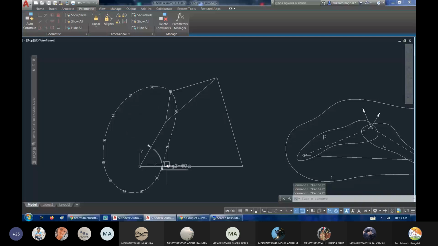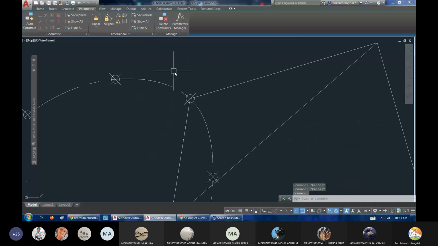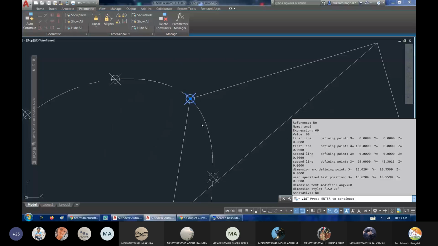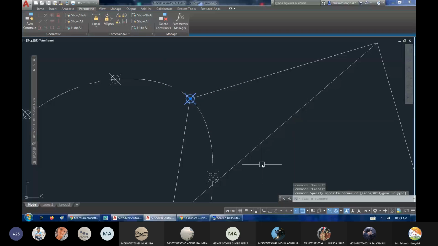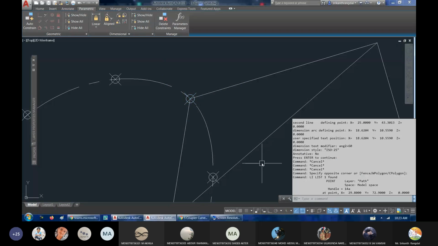When the angle is 60 degrees, you can see the endpoint is at this point. What is the coordinate of this point? The command I'm using is LI, list, and for the selected point you can see the coordinates here.